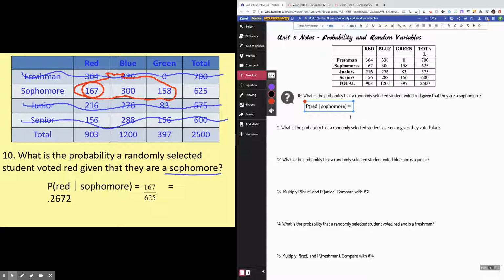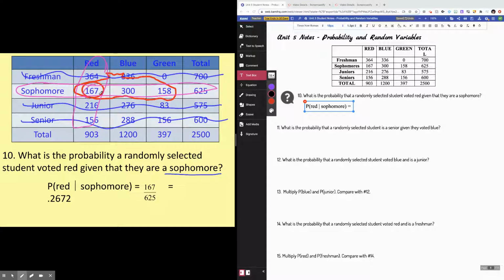That equals the probability of both of those together, which is the intersection of the two categories. So we have sophomore here and red here.